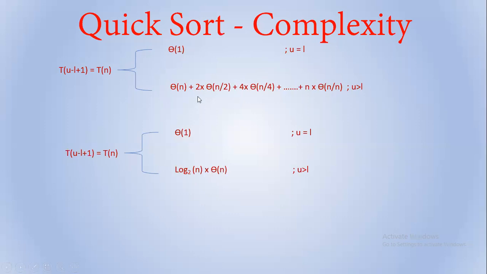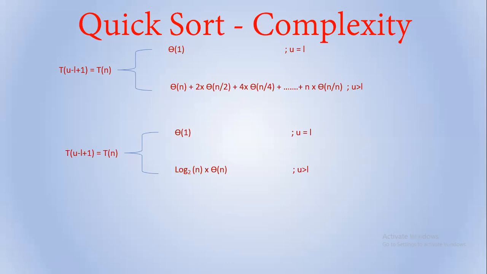If you get the sum, this is a theta n, this will be a theta n, this will be a theta n. Likewise, there will be log 2 n times theta n. So this is the conclusion. When the input array is averagely sorted, the complexity is log 2 n times theta n.